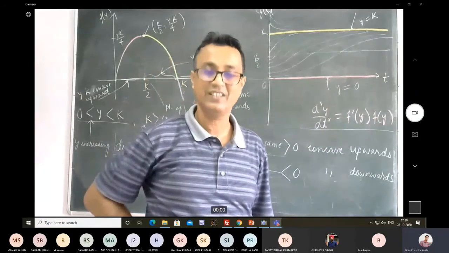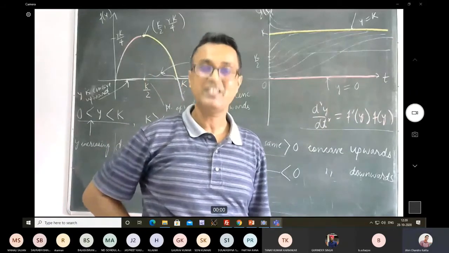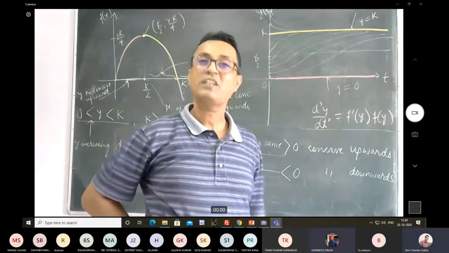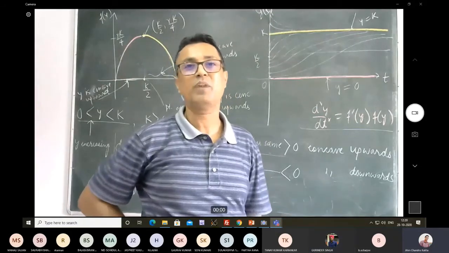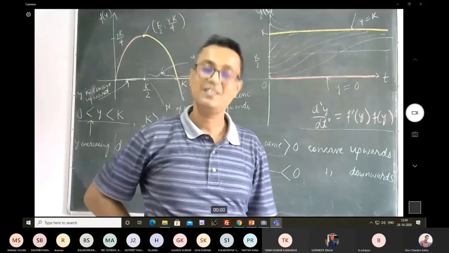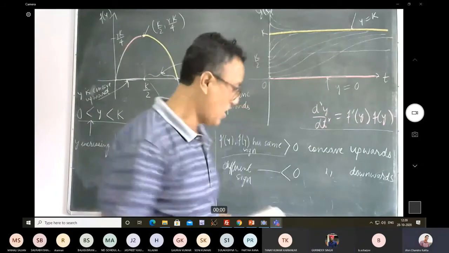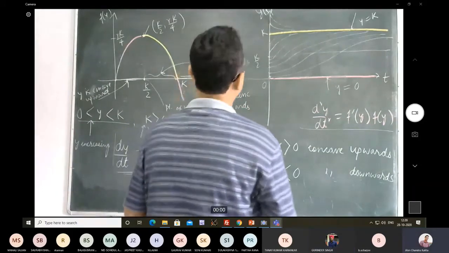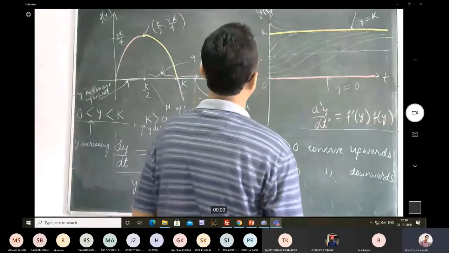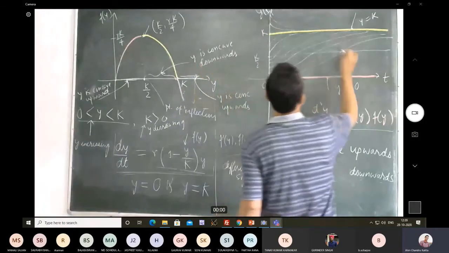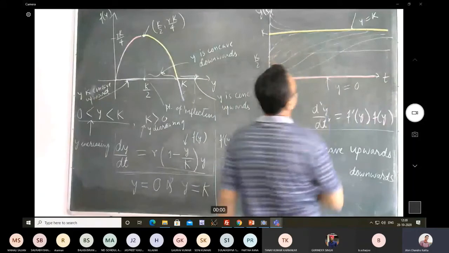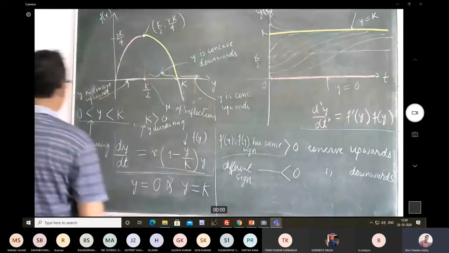It looks like this if I use all the information from my function f of y. Fine. Now, you may be thinking that I'm never allowing this curve to cross the line y equal to k. Can you tell me why?